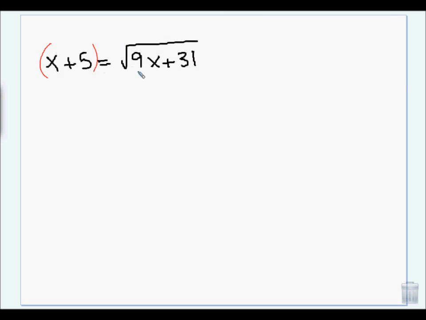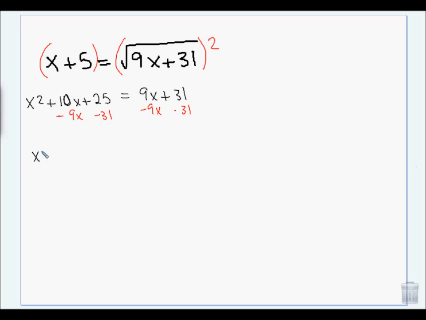Here, I'm going to square both sides. By squaring this, I'm going to end up foiling it. And when I foil it out, or I'm going to use my shortcut, I squared this, I multiplied 2 times both of these, and then I squared that. So I need to set this equal to 0 so I can solve it. And then I'm going to move both of these over to the other side.